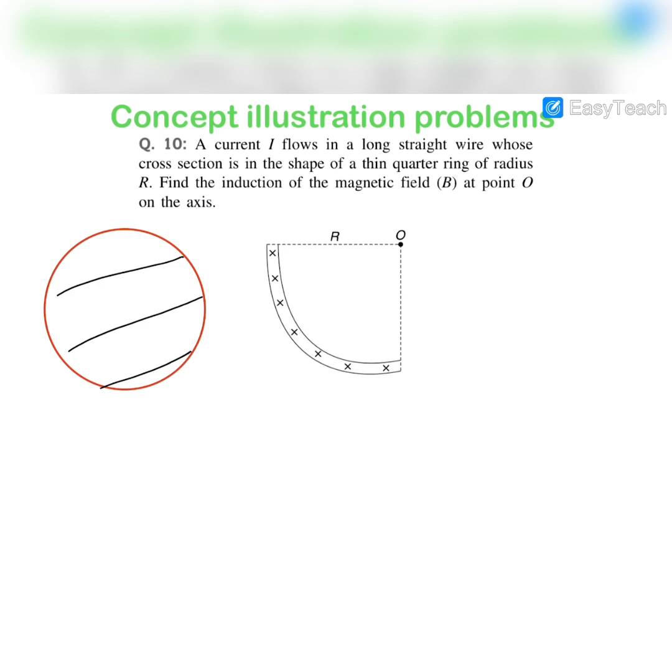In the same way, this infinitely long wire is taking the current inside the plane, and you are watching this cross section, and the cross section of this wire is in the form of a quarter ring.